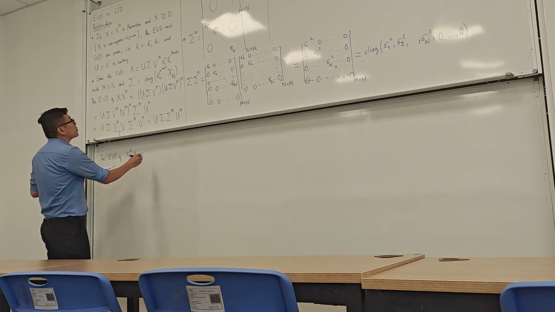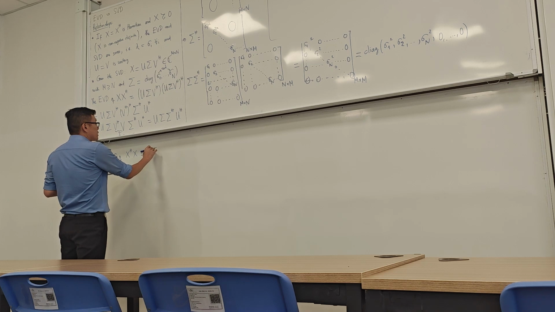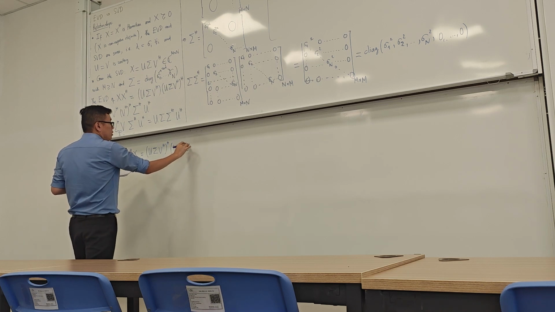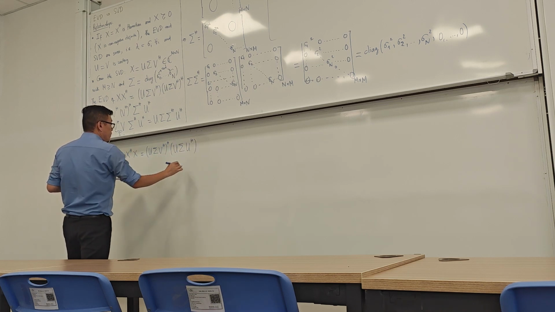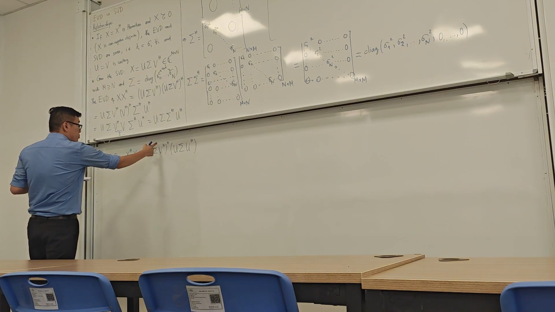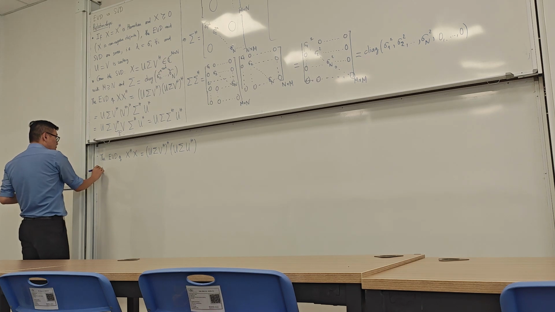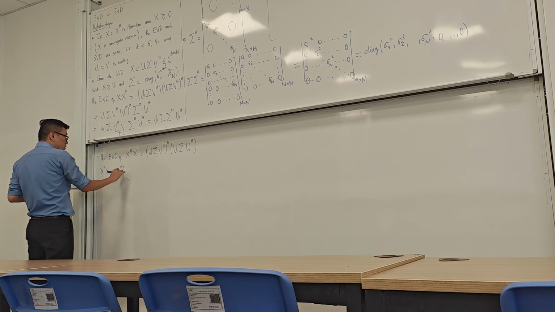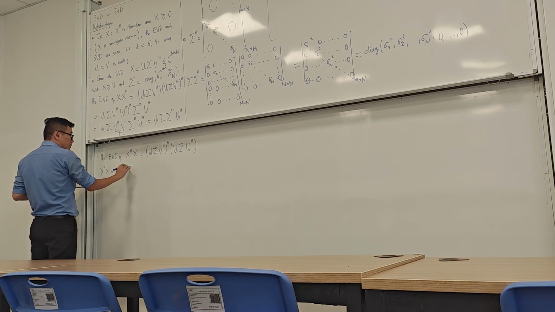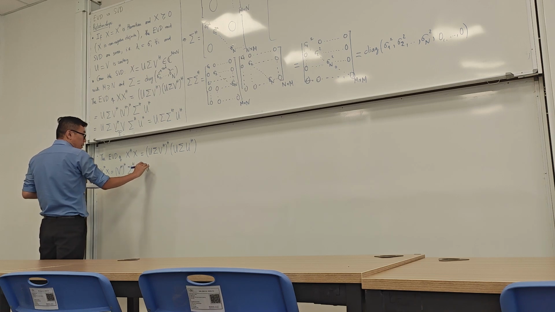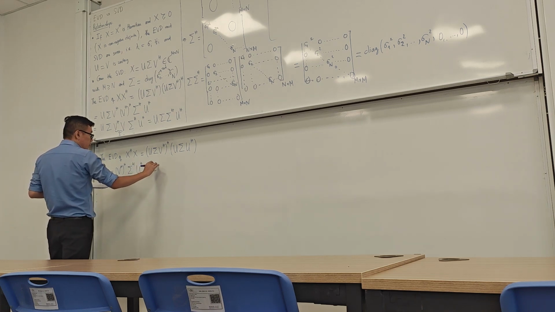Now x Hermitian is U sigma V Hermitian, Hermitian transposed, multiplied with U sigma V Hermitian. Remember, the Hermitian transpose of a product equals the product of Hermitian transposes, but in the opposite order. So we have V, sigma Hermitian, U Hermitian, then U sigma V Hermitian.